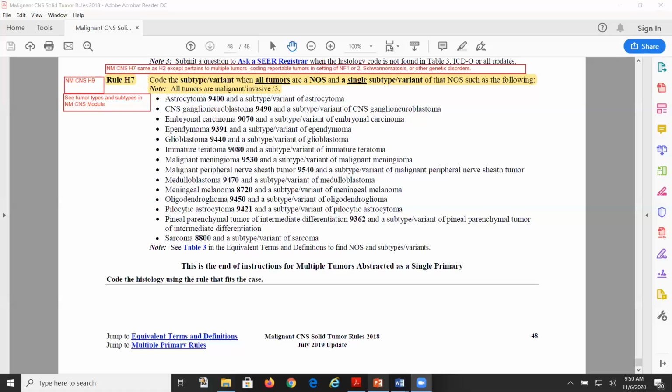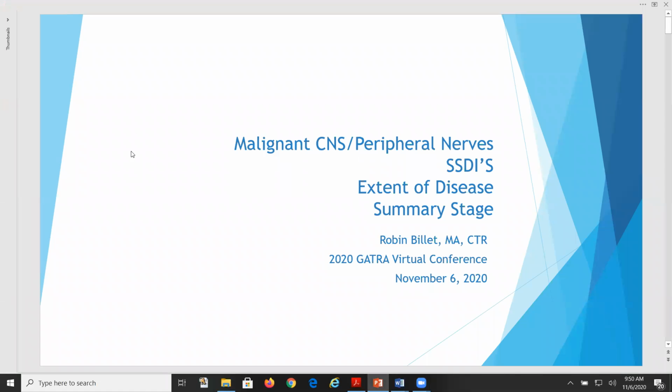Okay, then on to the rest of our data items that we're going to be looking at, which include the SSDIs, extent of disease, and summary stage.